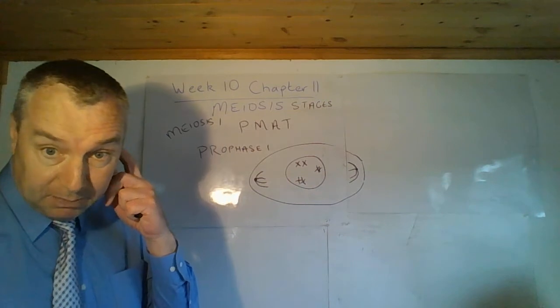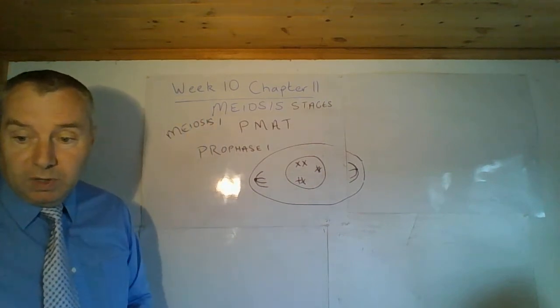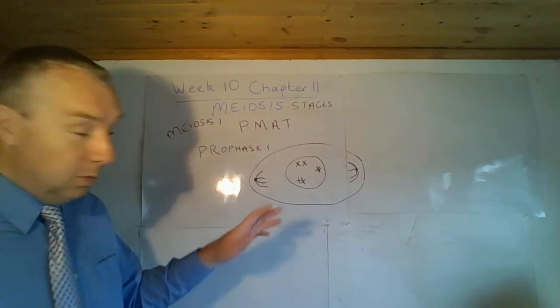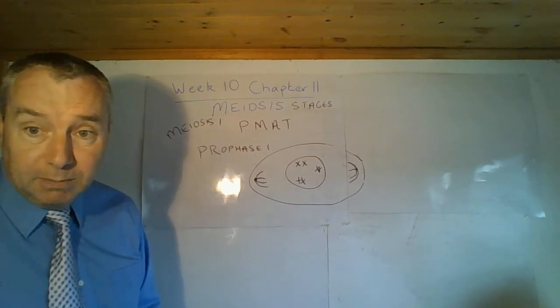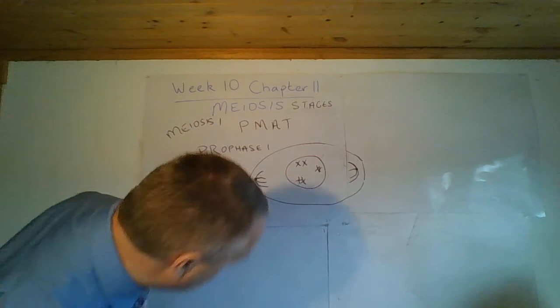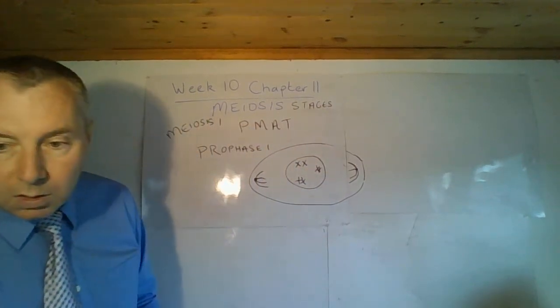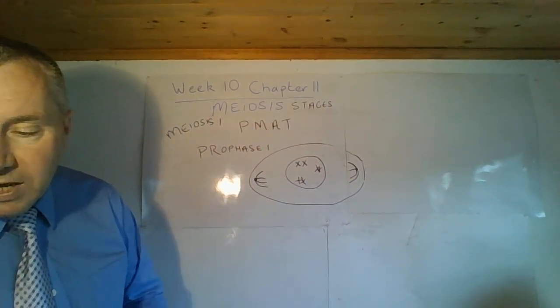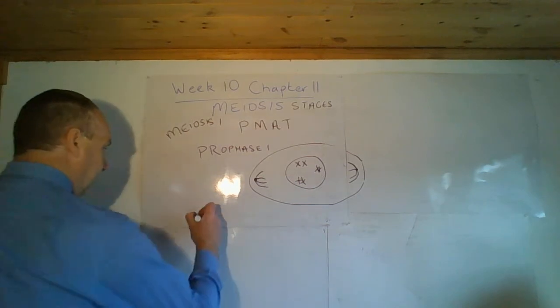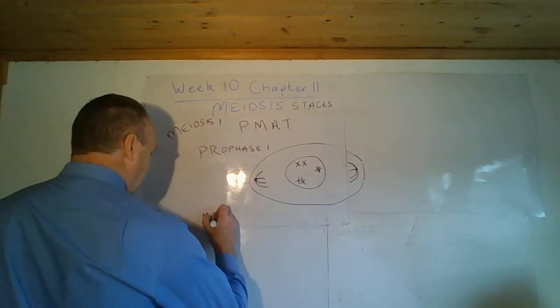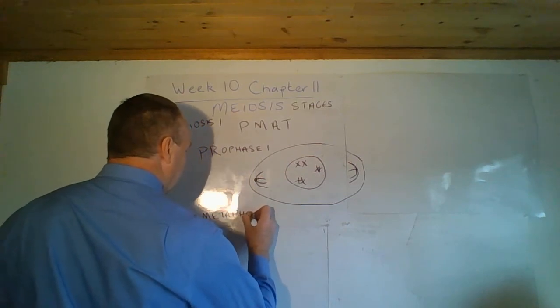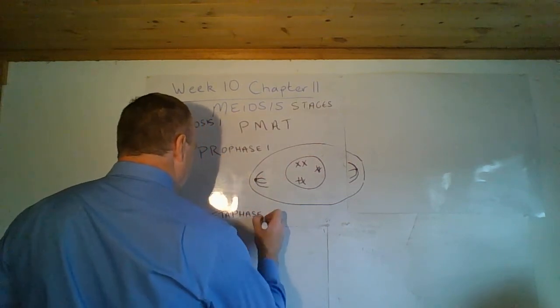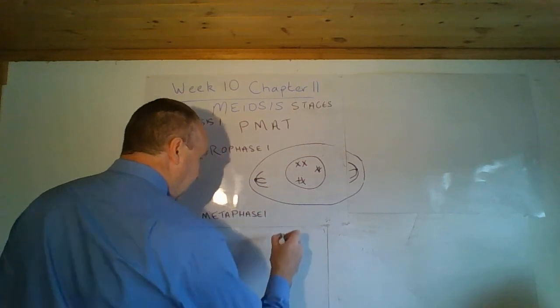So here we have prophase 1, and we also start seeing the nuclear envelope coming apart, which is what we'd expect to see in a prophase in meiosis. Now we get metaphase 1. There are similarities between metaphase 1 and mitosis, but there are also some differences.